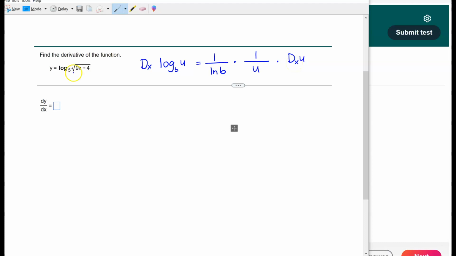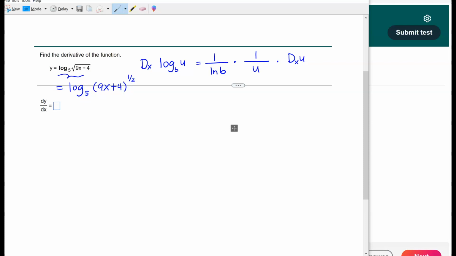So now, before you differentiate this, especially if there's a logarithm, try to apply properties of logarithm first. I hope you recognize that the square root of 9x plus 4 could be written as, so let's rewrite this, 9x plus 4 raised to 1/2. That's log base 5.